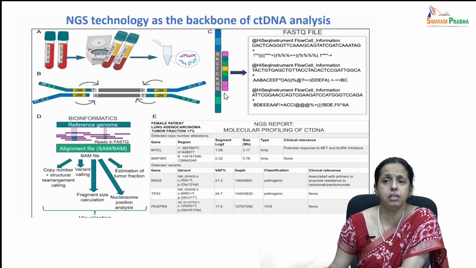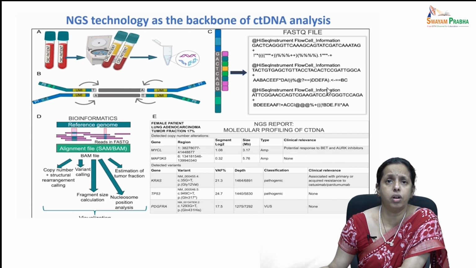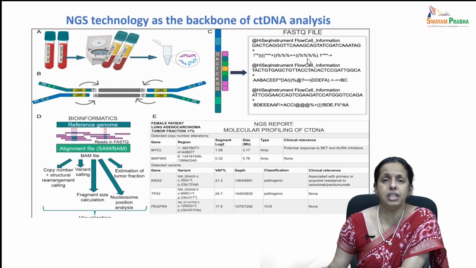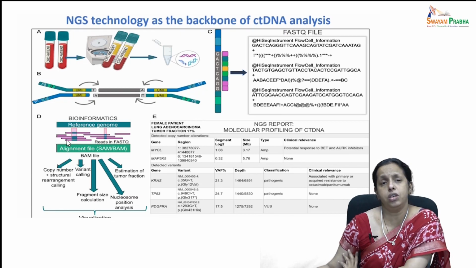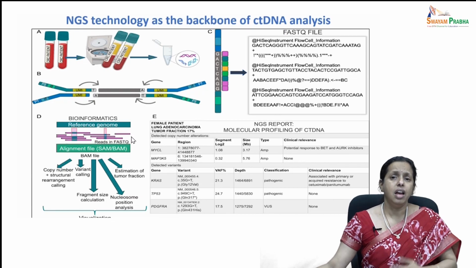After the instrument has converted the captured images to base calls, the data is converted into what you call FASTQ files, containing your reads and the quality scores. This is very important. Since the reads in the FASTQ files do not describe the genomic location of the read, these reads have to be aligned to your reference genome, for example here the human genome.